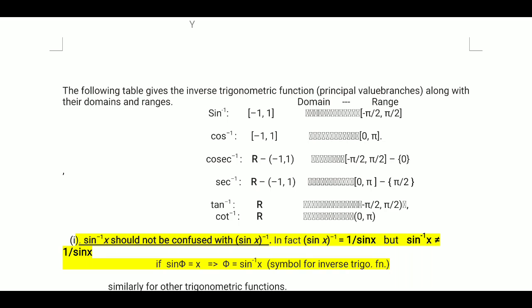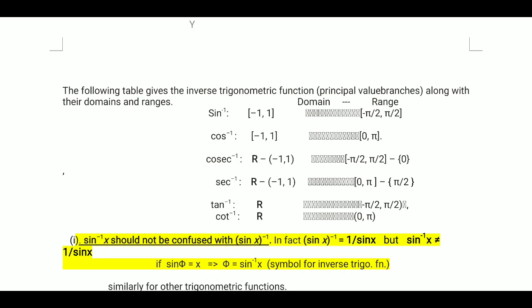Sec inverse is the function, domain R minus the open set -1 to 1, to closed interval 0 to pi minus the set containing π/2.